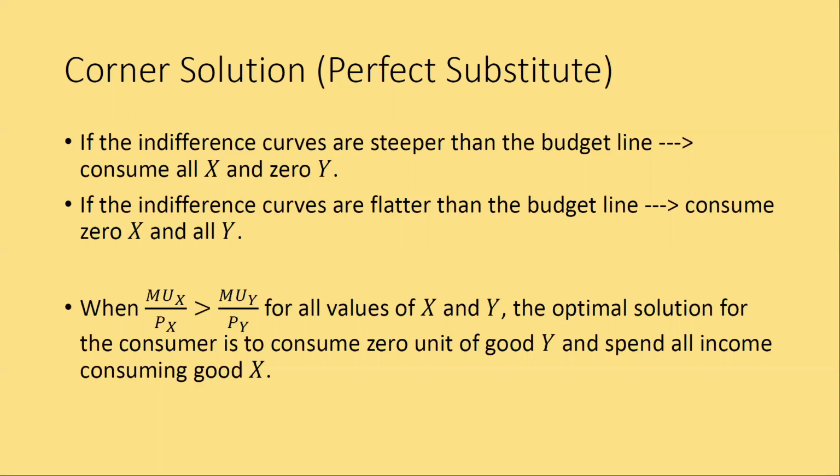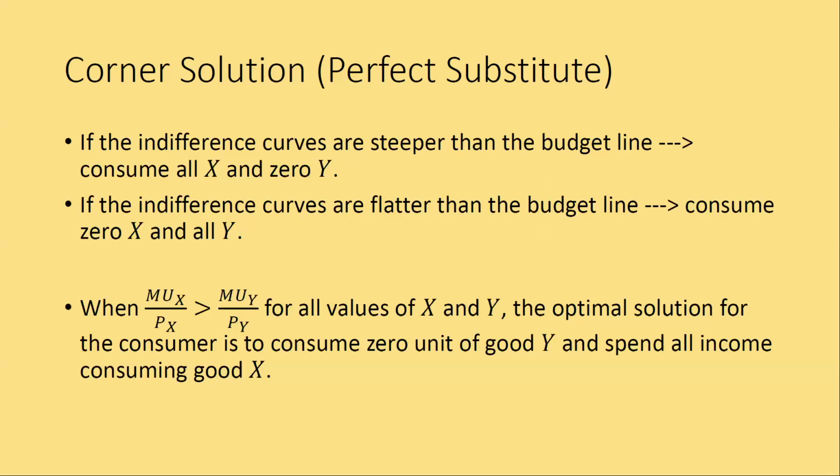That is saying that for every dollar, if MUX divided by PX is larger than MUY divided by PY, then for every dollar I consider spending on good X or good Y, the additional utility I obtain is higher if I consume good X. And this is true no matter how many dollars I've already spent on good X, and no matter how many dollars I've already spent on good Y. Then the consumer has reason to spend all her income consuming good X only, right?